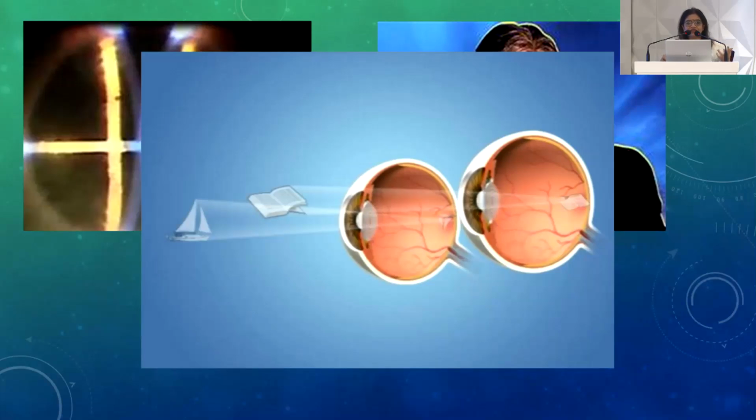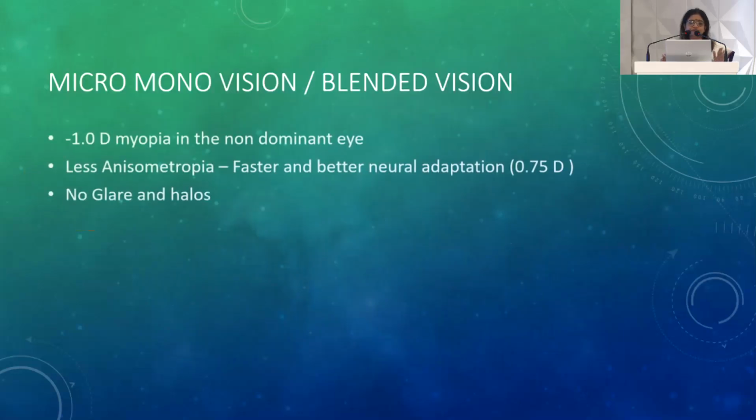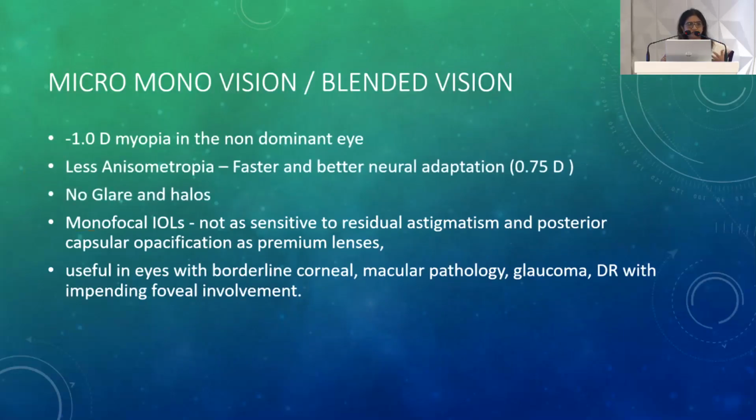Similarly, monovision came back as micromonovision, wherein you make the non-dominant eye about 0.75 to 1 diopter. I normally prefer to make the patient about 0.75 myopic. But I will also tell you how I do it.